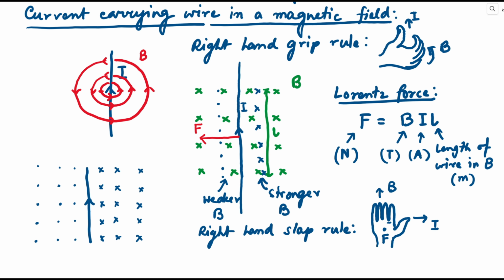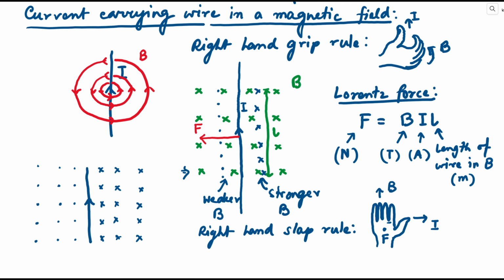Okay. Now, if you apply this right hand slap rule to the scenario we have considered over here, then you have to take your right hand, point your fingers in the direction of the external magnetic field, which is pointing into the paper.